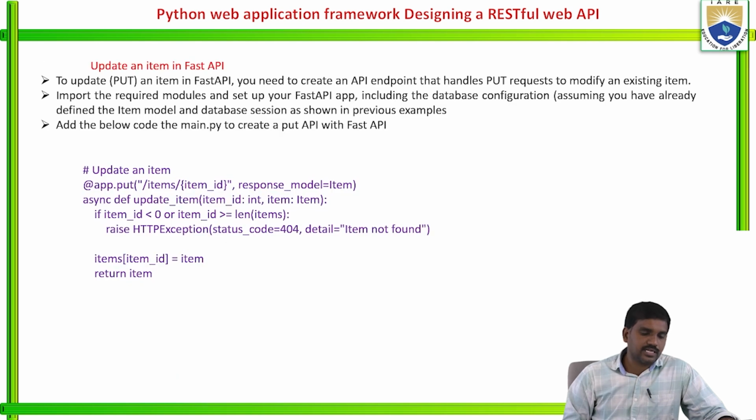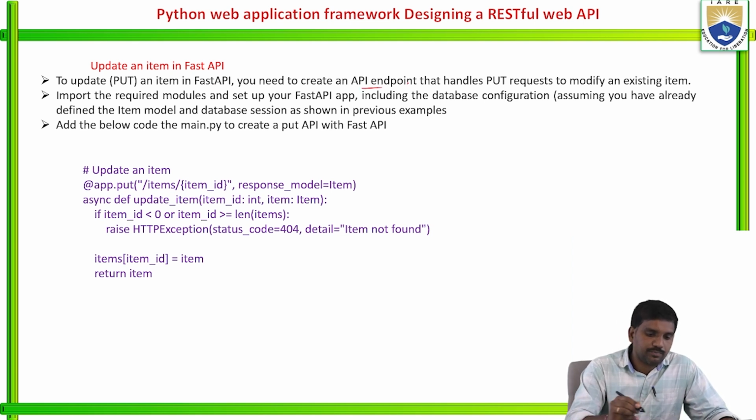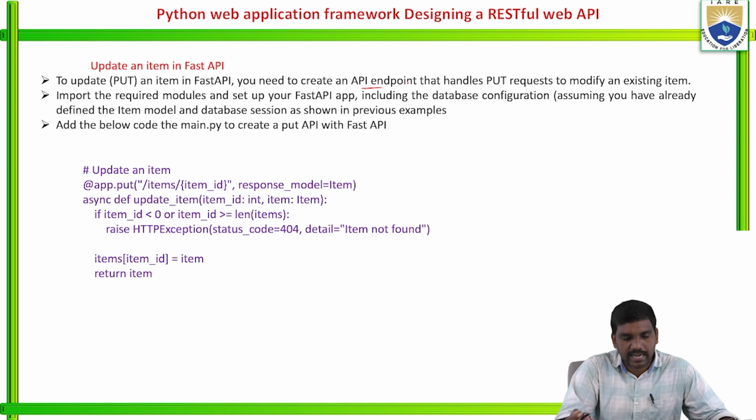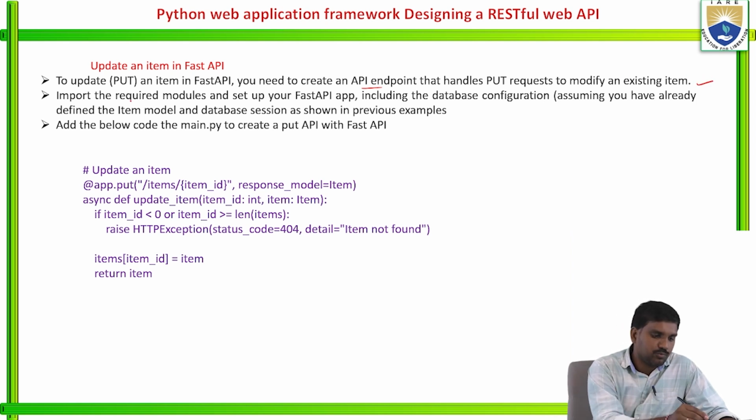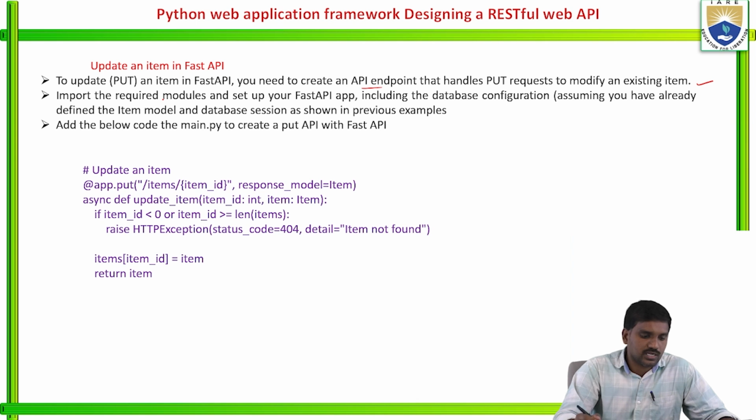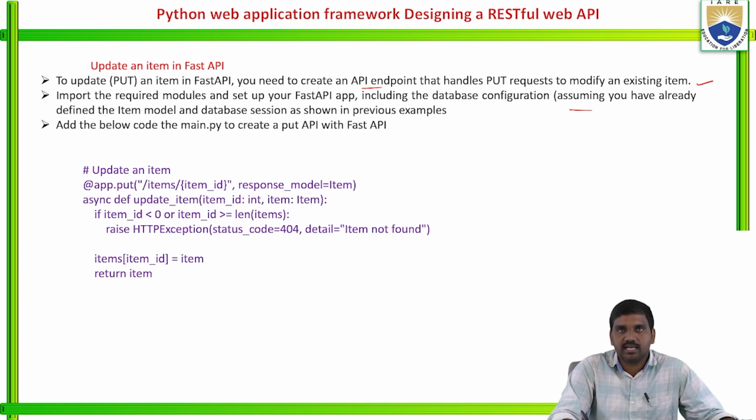Next, to update an item in FastAPI, you need to create an API endpoint that handles put requests to modify an existing item. Import the required modules to set up your FastAPI, including the database configuration. Assume you have already defined the data item like that.